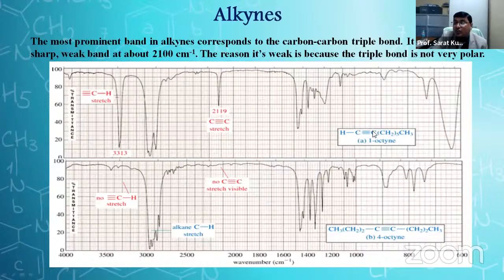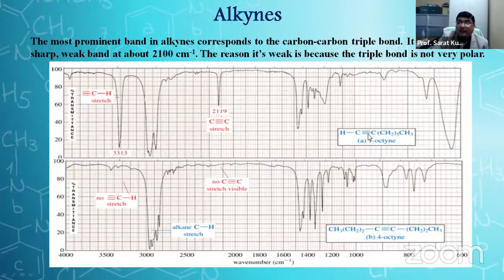If it is a terminal triple bond, acidic hydrogen is present. If there is a hydrogen attached to the carbon-carbon triple bond and you get the peak at 3313 centimeter inverse, then you can easily tell there is a hydrogen attached to the triple bonded carbon.